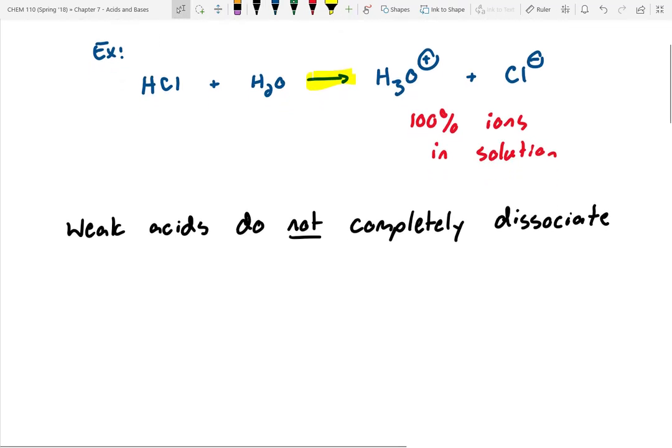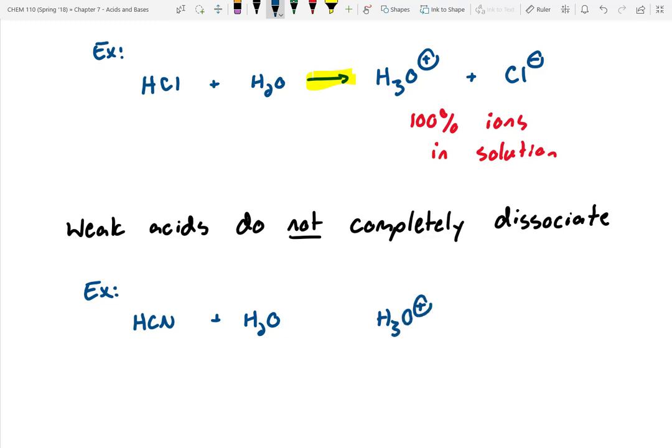Okay, so let's see this as an example. An example weak acid we saw in the chart was HCN. And if you mix HCN plus water, what you're going to get is still a little bit of the hydronium ion, and you'll get a little bit of your cyanide anion.